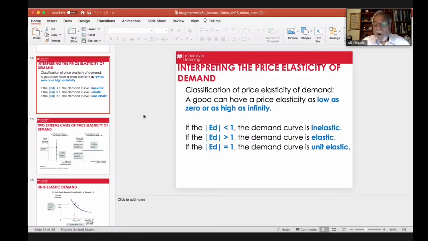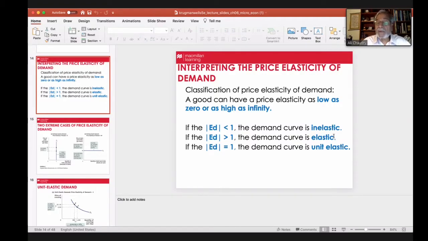The smaller the number, the more inelastic the demand or supply is. If it is less than 1 but closer to, let's say, 0.8 or 0.9, then it is inelastic, but not as inelastic as it would be if the ratio was like 0.2 or 0.3. The same thing is true of elastic. If the number is greater than 1, we consider that to be elastic.